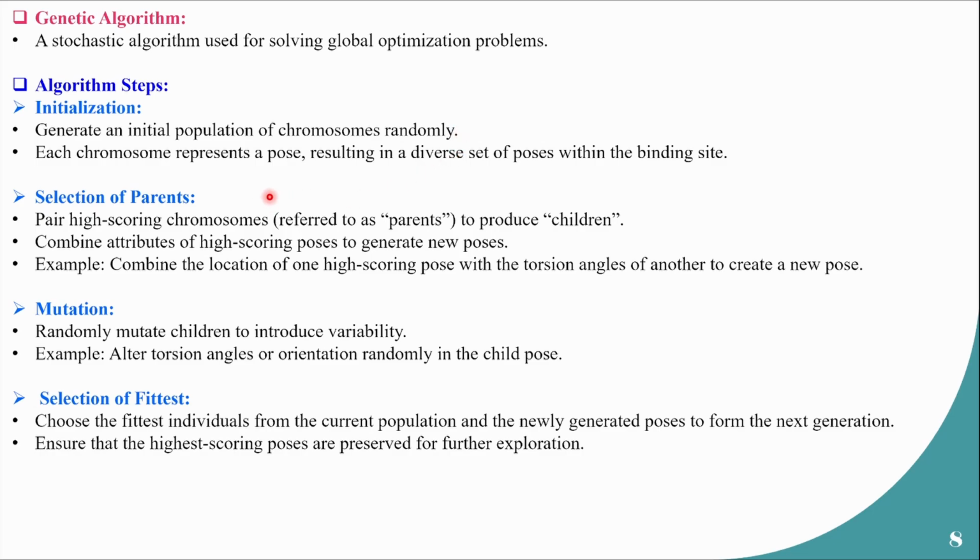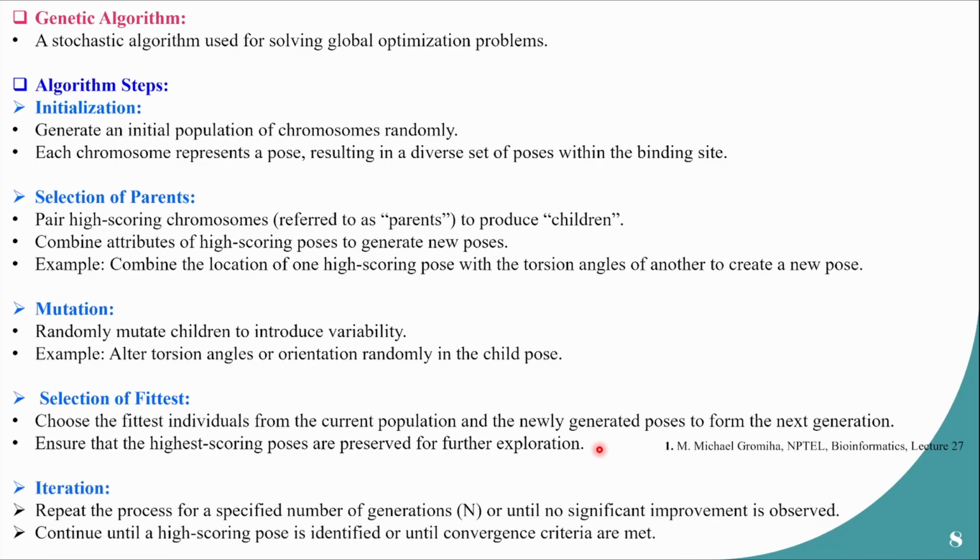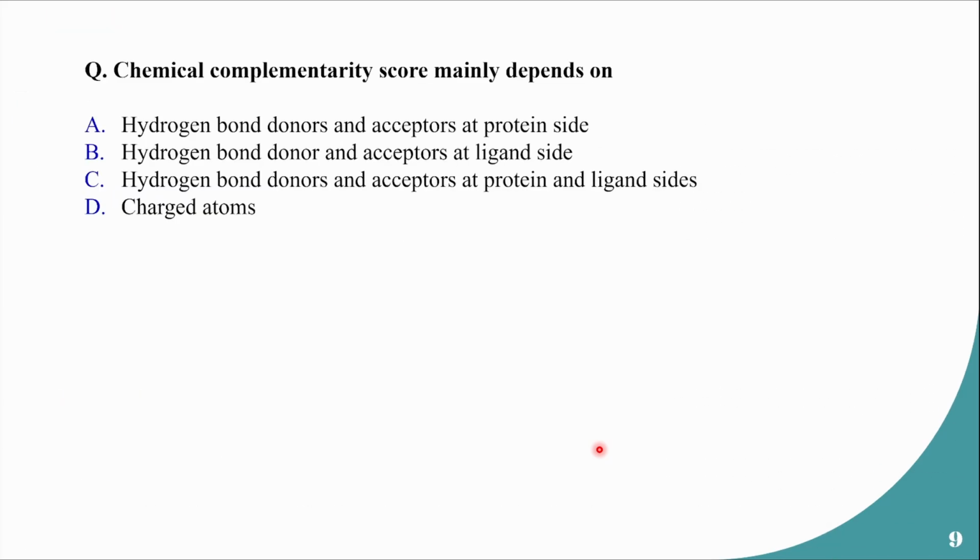Then those different poses, the high ranking poses, are combined together to produce the next generation or the next set of poses, which are referred to as the children here. And this process, after many iterations, will give you a refined binding pose inside the pocket, which could be assumed as the best docked pose here, right? So these types of algorithms we just briefly went over.